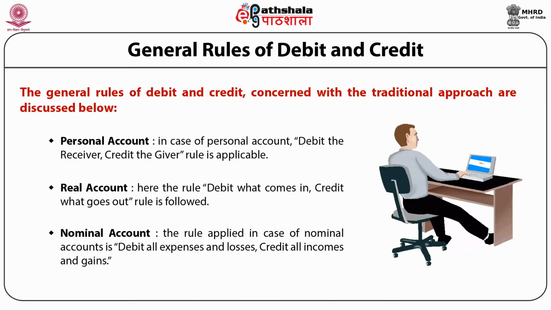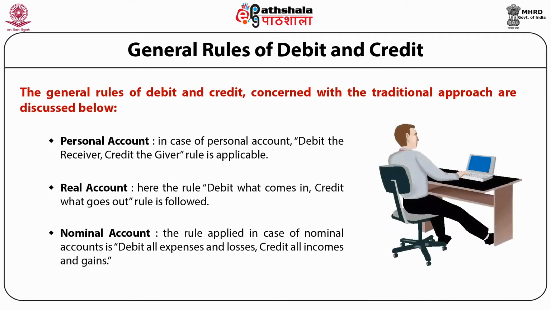On applying the rule for the real account, debit what comes in, credit what goes out, we conclude that cash will be debited as it is coming in, whereas building will be credited as it is moving out of the business. So the entry will be made as follows: cash account debit rupees 3 lakhs to building account rupees 3 lakhs.